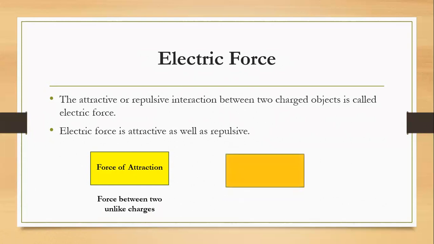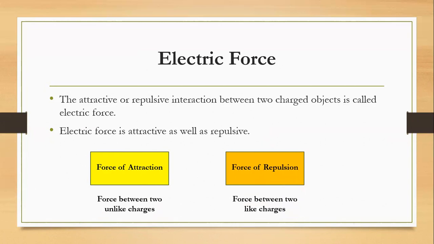Now on the other hand, what is the force of repulsion? Force of repulsion is the force between two like charges. If both charges are like charges, meaning both are positive or both are negative, then the force between them will be the repulsive force, force of repulsion. Okay, my dear student, clear what is the attraction, what is the repulsion?